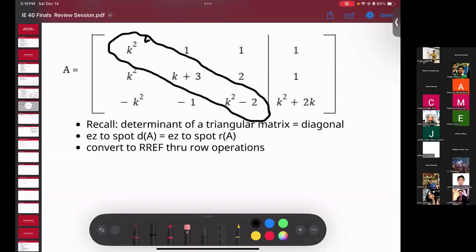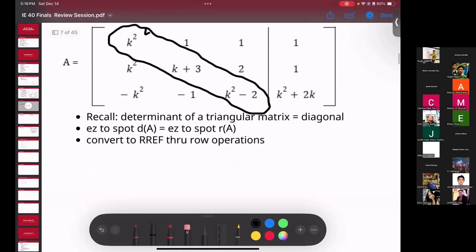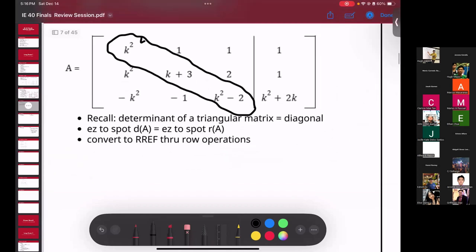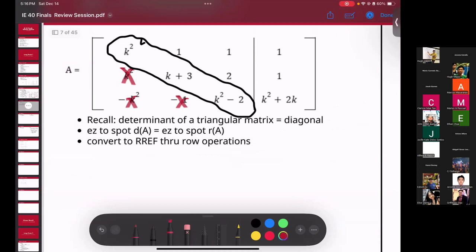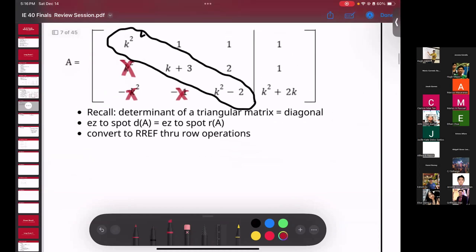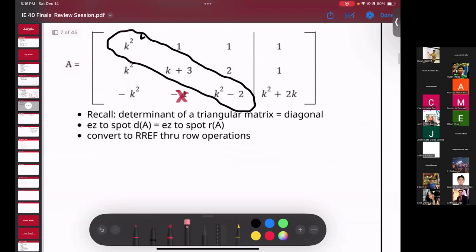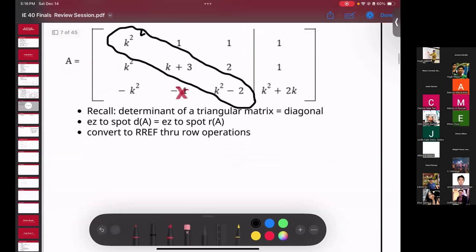So we're going to use reduced row echelon form, and we're going to do some row operations. I want to remove these three basically. I'll first focus on the first column, this section first. Let me just erase that so it's clearer. There. So I want to remove k squared.